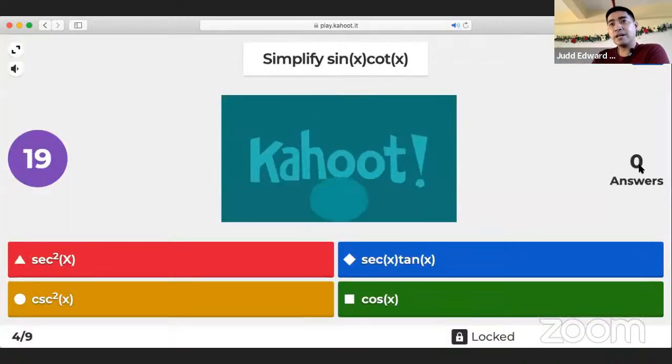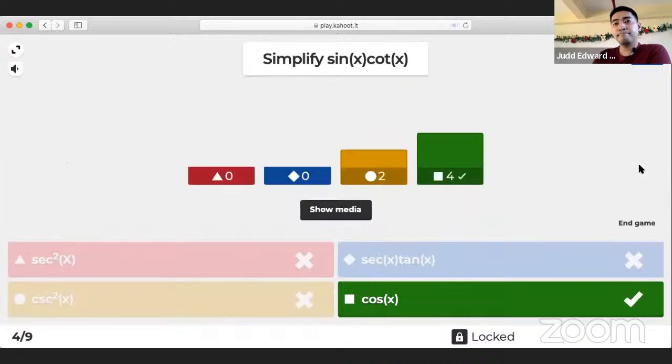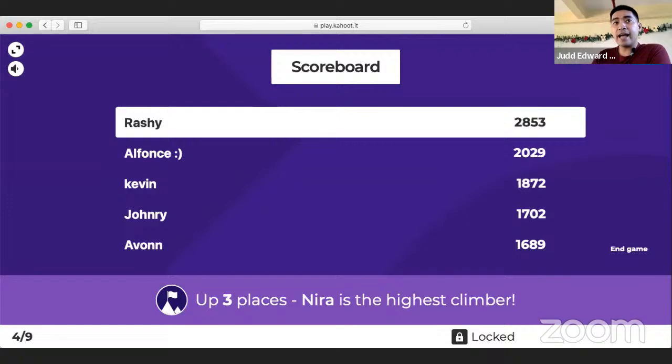Simplify sine of x cotangent of x. So the correct answer is cosine of x. 4 got the correct answer.